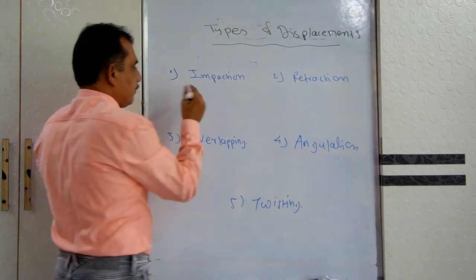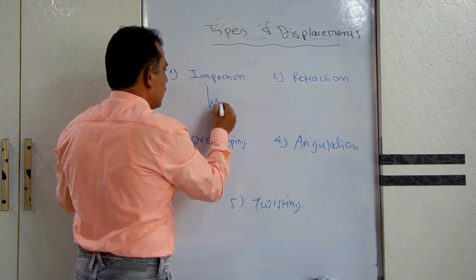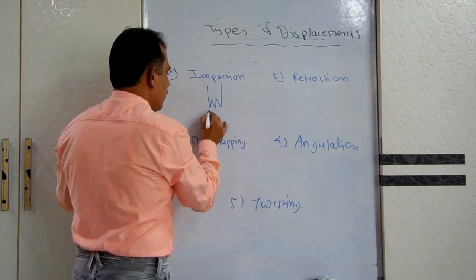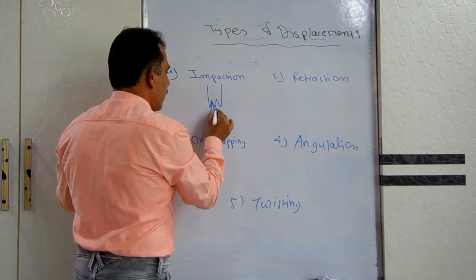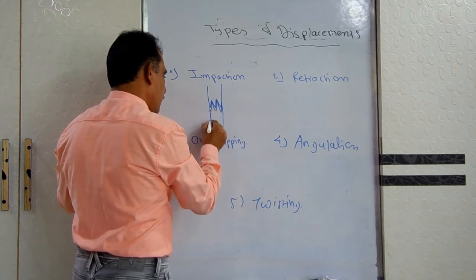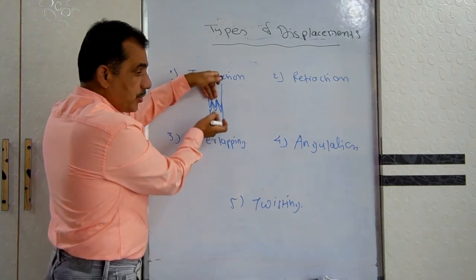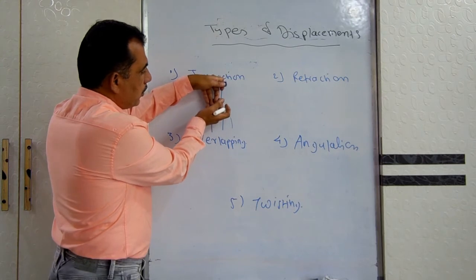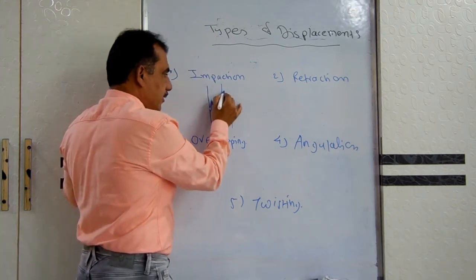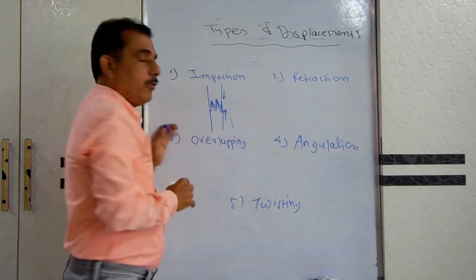We will see the figure. So this is the bone. This is impaction, where the distal end gets impacted into the proximal end. Either this end may be moved or this one will be moved.